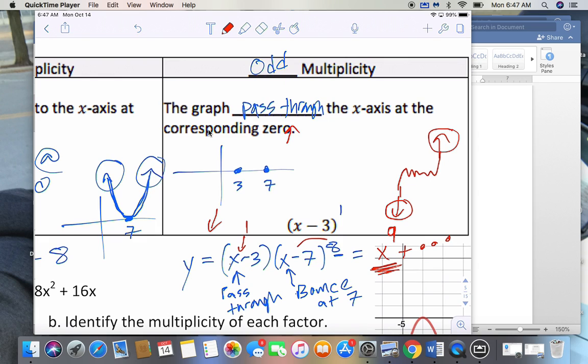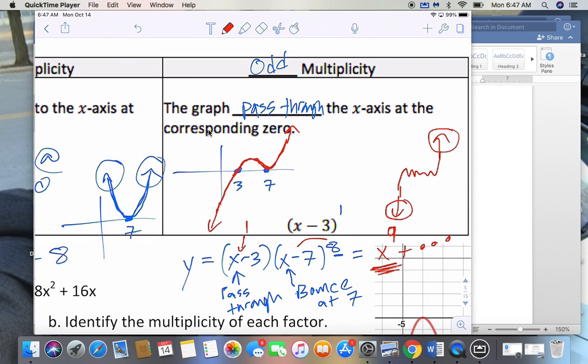Then what I can do is from those end behaviors, I start at those arrows that I know so well, and when I get to the 3, I know what to do. My graph is going to pass through at 3 because it has odd multiplicity. And then when I come back around to catch the other 0 at 7, I know that it's going to bounce there because it had even multiplicity. So you take that, boom, and so it flies through.